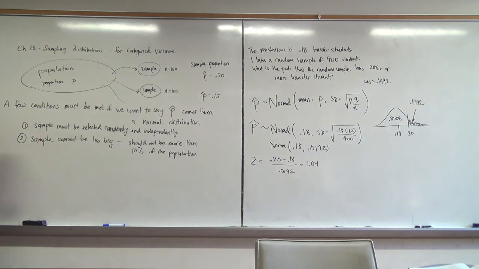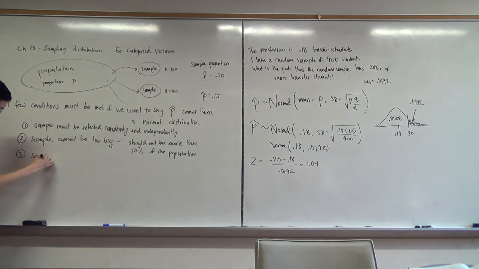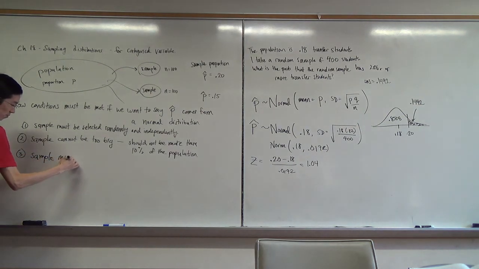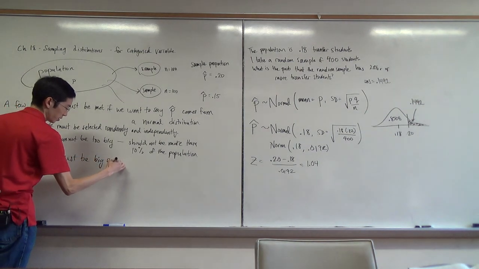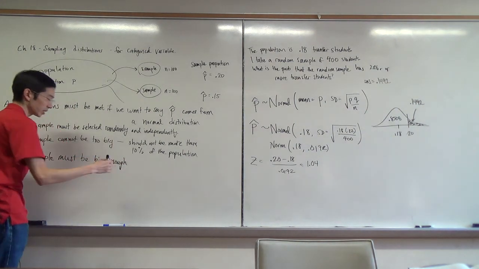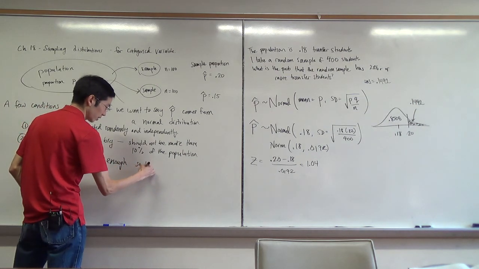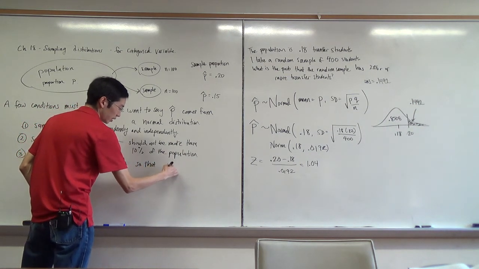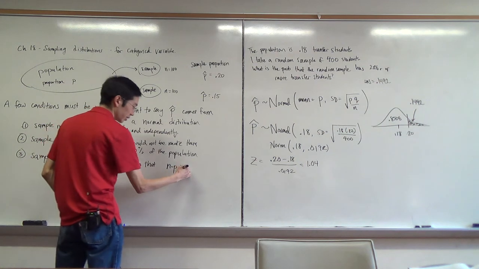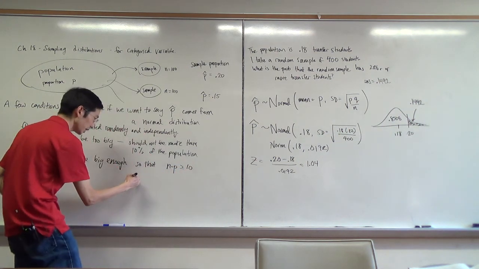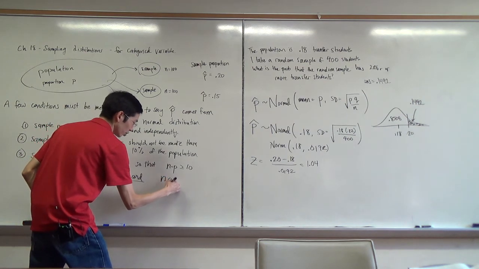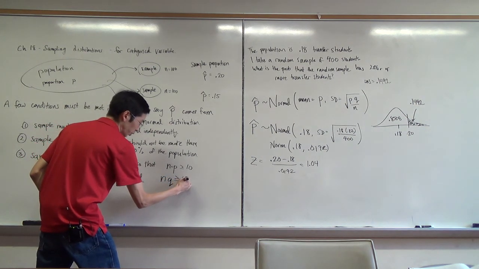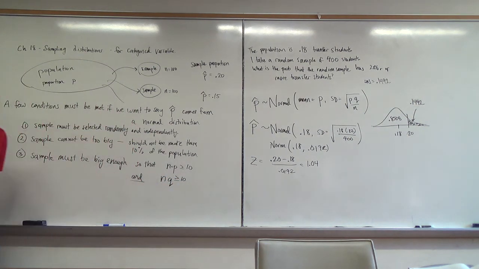And then the last one is that your sample needs to be large enough. It must be big enough so that n times p is greater than or equal to 10, and n times q, or n times 1 minus p, is also bigger than or equal to 10.